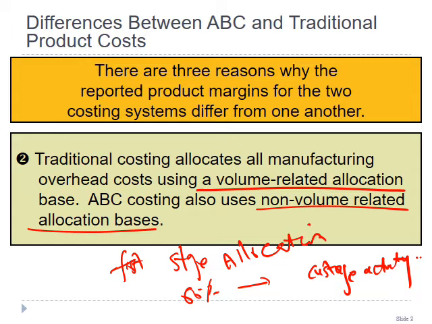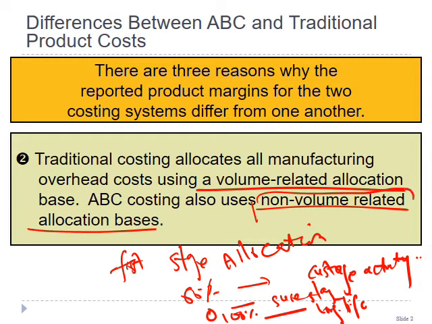Plus in some other cases as well, like 0% design change cost to Short Start, but 100% design change cost to Long Life, right? So in that case, like batch level, product level, unit level, the ABC costing also implies some non-volume-related activities as well.